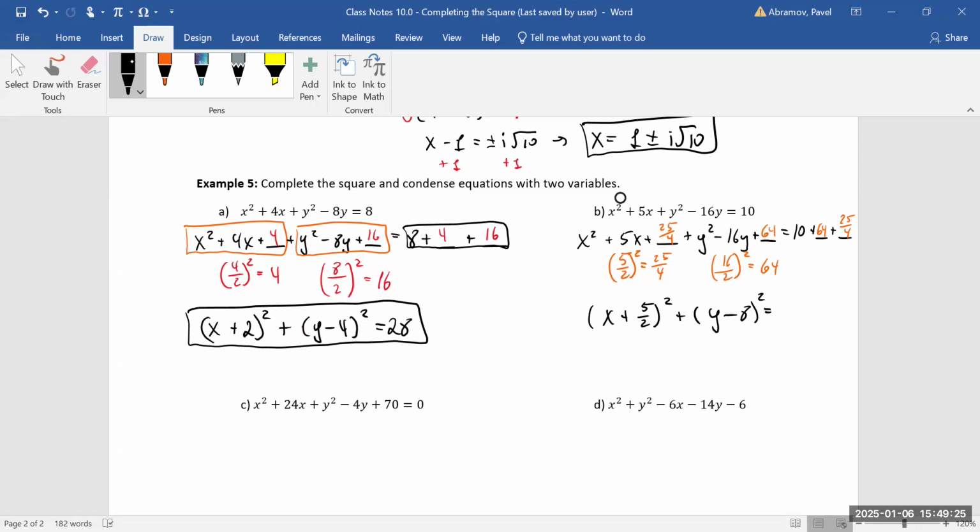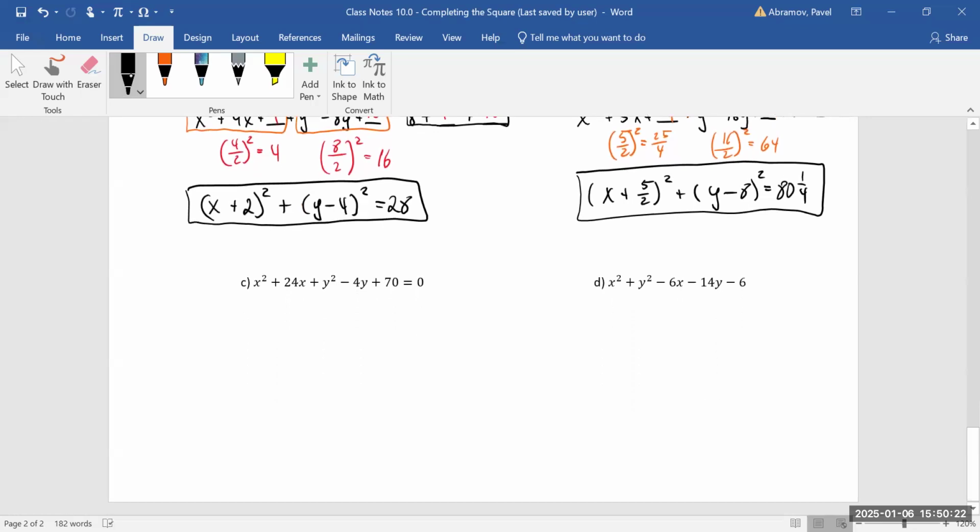And on the right side, it's 10 plus 64, which is 74, plus 25 over 4, which is 80 and 1/4. Okay, and then this is your condensed form with two variables.